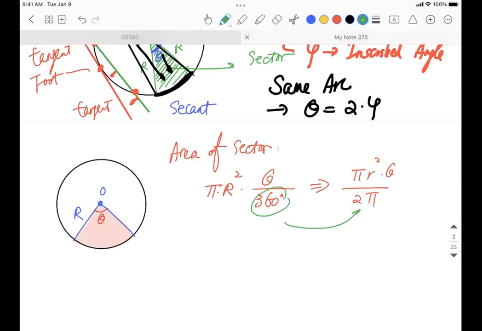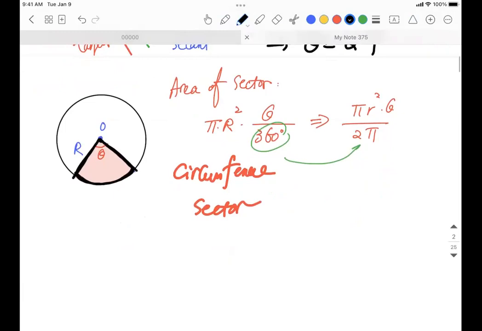Then how can I determine another very easy thing, the circumference of my sector? Circumference means what? The entire perimeter of this entire thing. How can I determine this? This is also very easy. What is the circumference for this entire sector?